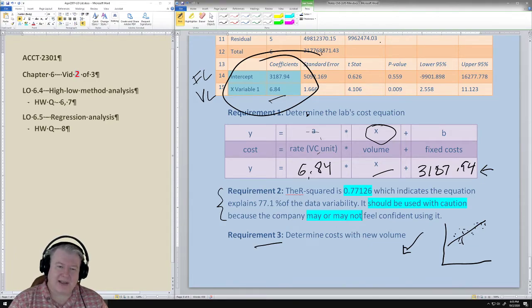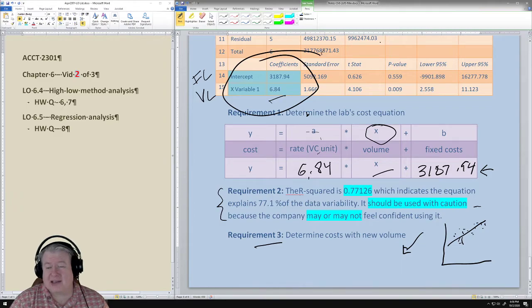Now, I noticed that in the book, the question says for here, 77% should be used with caution because the company may not feel confident using it. Actually, in a lot of statistical studies, 77% is describing more than half of what's going on. In fact, it's describing more than 3/4 of what's going on. So perhaps for industrial or production things, you may want it to be higher, but in general, if you felt like 77% seems high, that's actually a pretty good r squared.